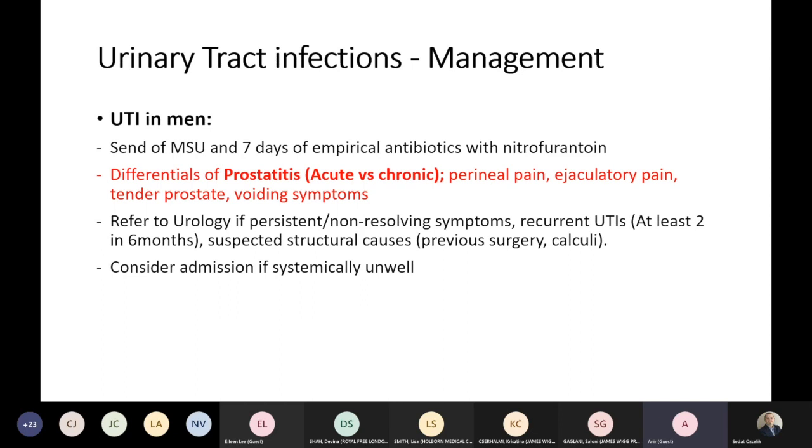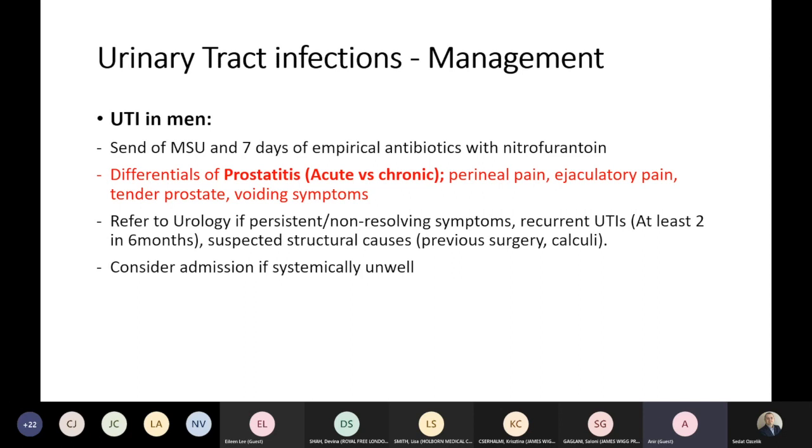A common pitfall to think about in men is an alternative presentation called prostatitis, where the prostate gland, which is the gland beneath the bladder that produces semen, can be inflamed and infected. Remember, there's acute and chronic prostatitis, and it tends to present with perineal pain.